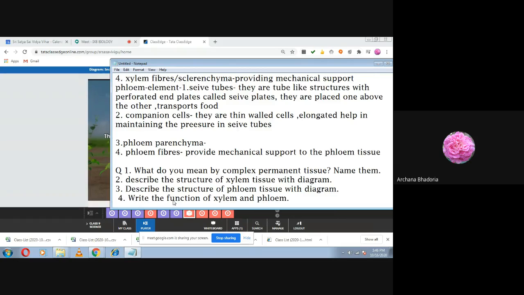Yes or no? No, ma'am. Okay. So don't worry, because now in biology, with every question, as far as possible, I will say there should be a figure. All have noted? Should I stop sharing now, children? Yes, ma'am. Okay. So there should be a figure.